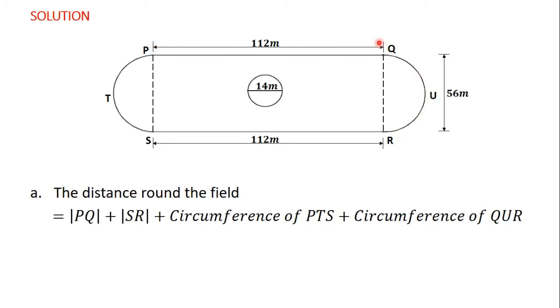So if you add PQ to SR to the circumference of PTS and circumference of QUR, you get the distance around the field. We can see that PQ is 112 meters and SR is also 112 meters. So all we need to find is the circumference of PTS, then the circumference of QUR.